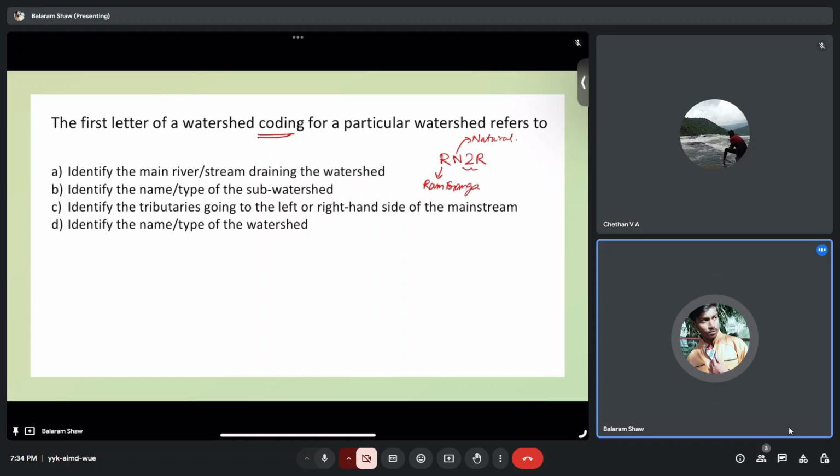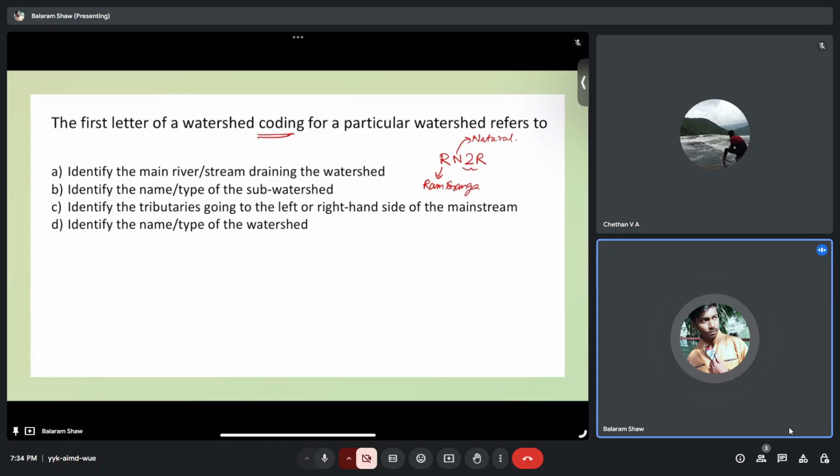The coding typically starts from the downstream end and proceeds to the upstream end. We do this coding for all the sub watersheds, the small watersheds, also. And the tributaries are considered with respect to their joining side.